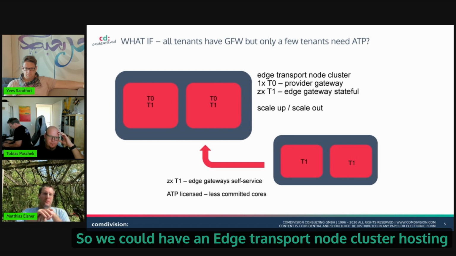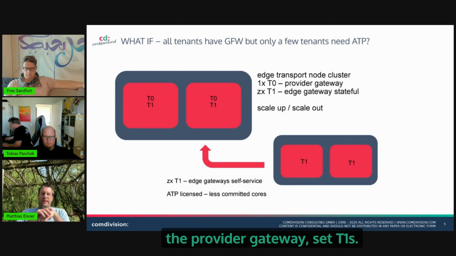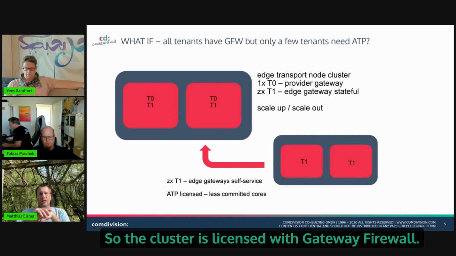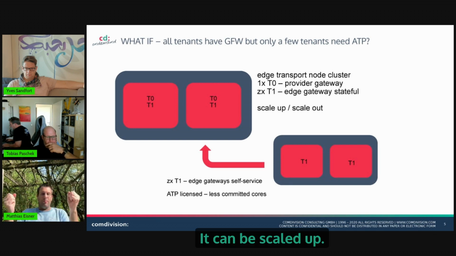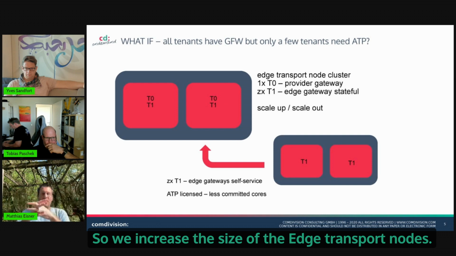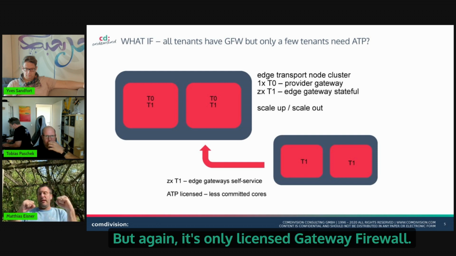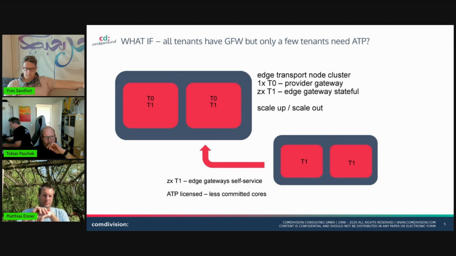So we could have an edge transport node cluster hosting the provider gateway and T1s. In the new example, they're all stateful. So the cluster is licensed with Gateway Firewall. It can be scaled up, so we increase the size of the edge transport nodes. We can also scale out, add additional edge transport nodes. But again, it's only licensed Gateway Firewall.